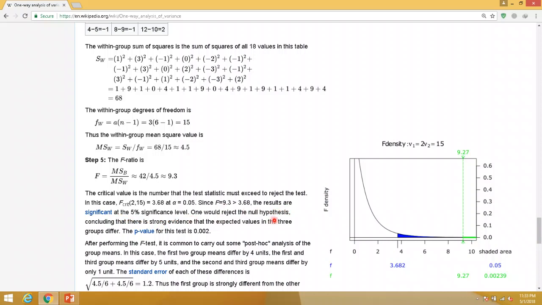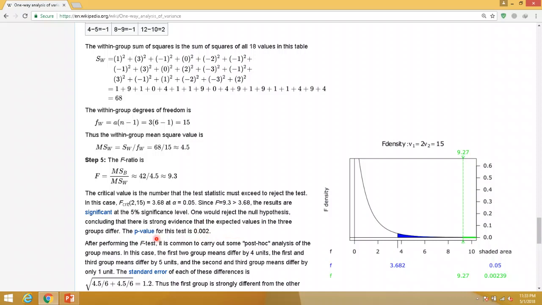We can reject the null hypothesis, concluding that there is strong evidence that the expected values in the 3 different groups are different. The p value calculated for this, although we have not calculated it for this study, is 0.002, which means there is a very strong significance that we can reject the null hypothesis.